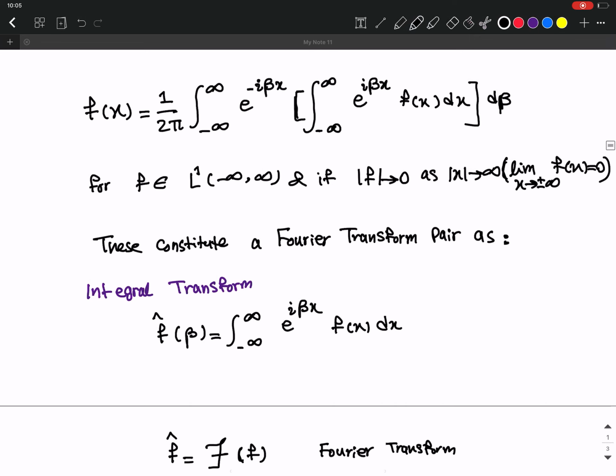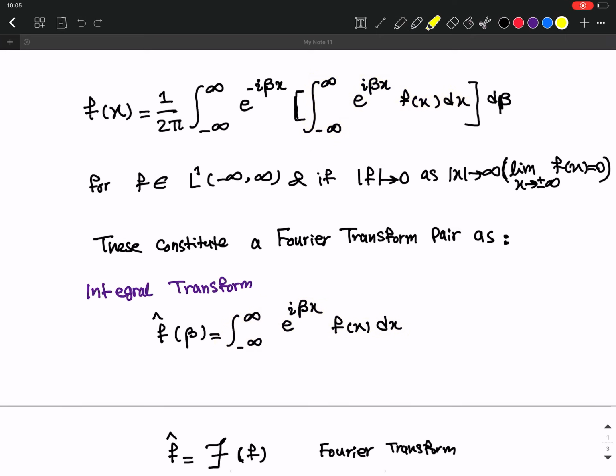Okay, so if you look at it here, this is actually the first part, right? This part of the transform. So here it is just a Fourier transform, right? An integral transform or a Fourier transform. This looks like this one if you compare these together.